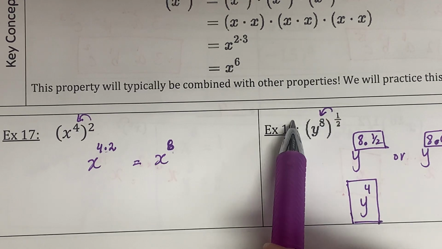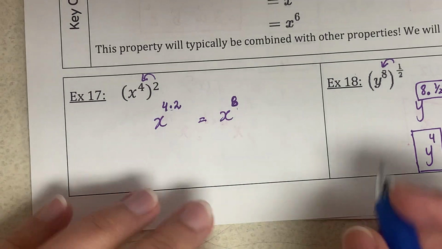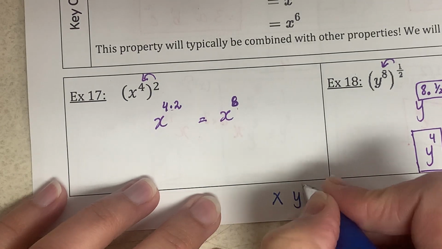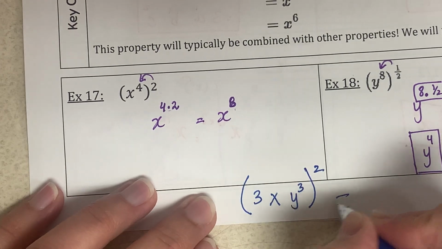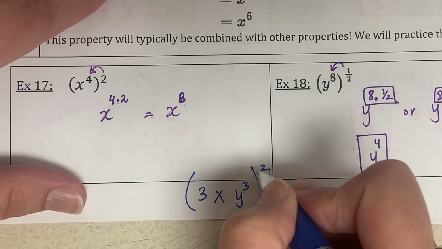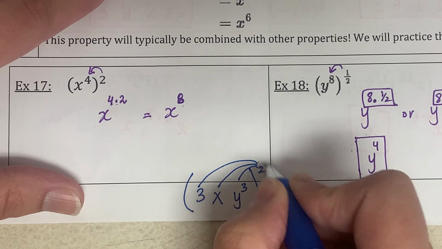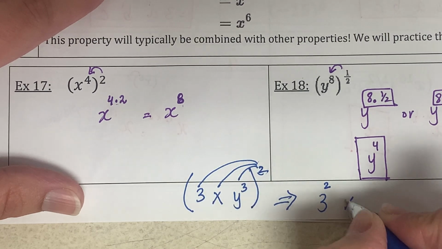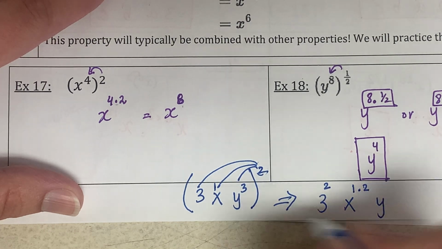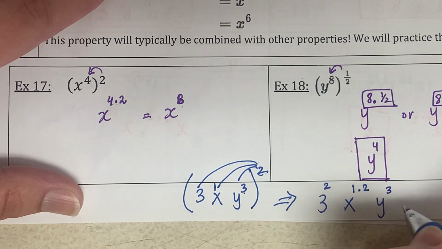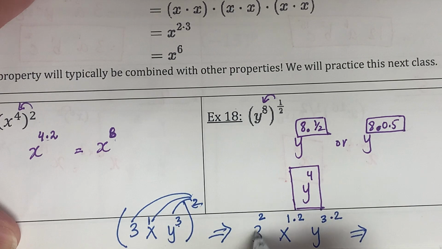So distribute nicely. There's no more example over here, but I'm gonna add another example. So if I have x y cubed, and then I have 3 here, and then I'm going to square. I'm going to distribute this on all 3 of them like this. So 3, this is a power, so it should go as square. X, there's 1, so 1 times 2, and then y, this is 3 times 2, and the final answer should be 3 squared.